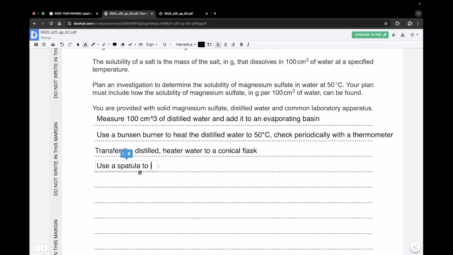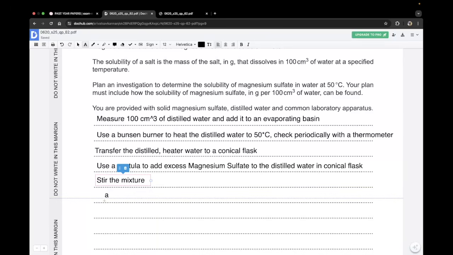Use spatula to add excess magnesium sulfate to the distilled water in conical flask. And then of course, let's say stir the mixture to ensure that it dissolves.